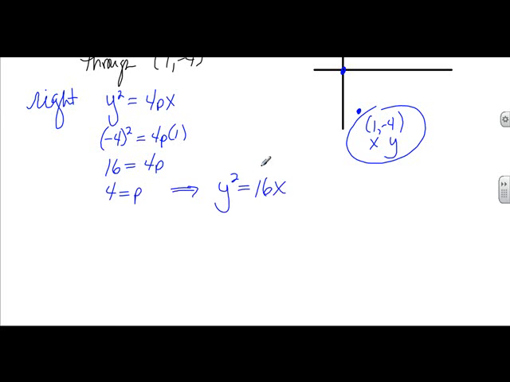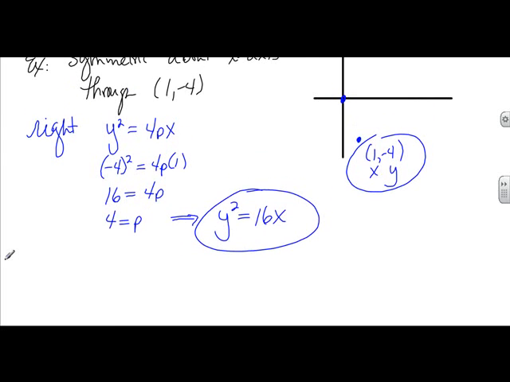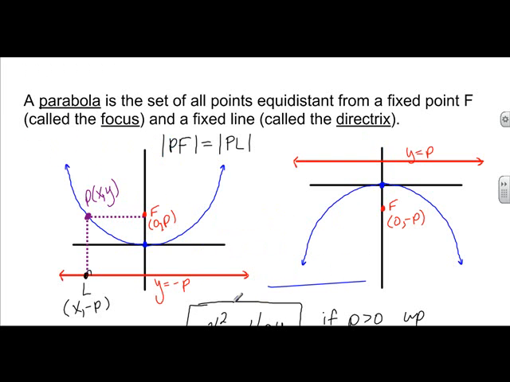So if that's our equation, I know the focus has to be the point 4, 0, and the directrix has to be the line x equals negative 4. Let's try to underline directrix and focus there.